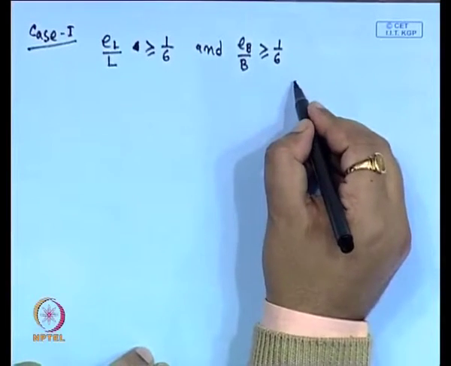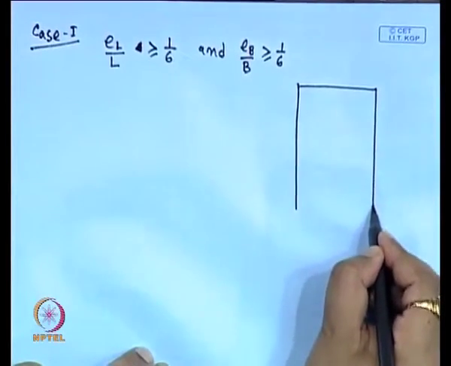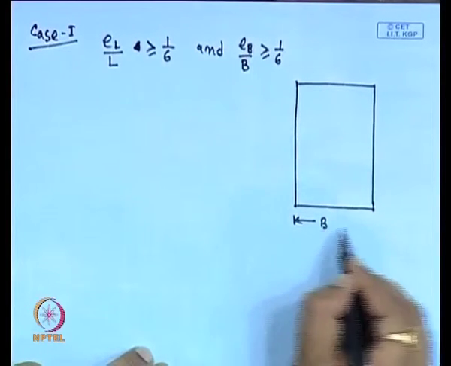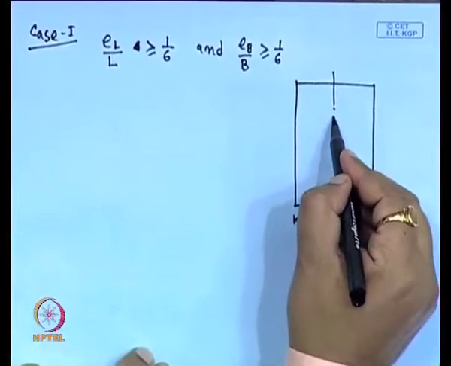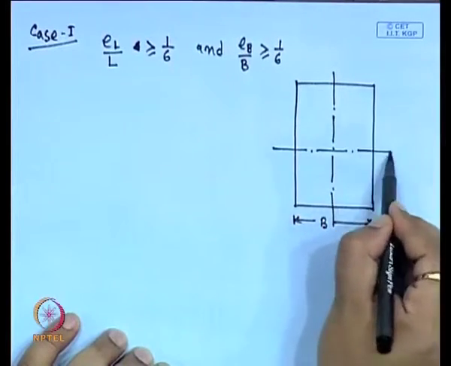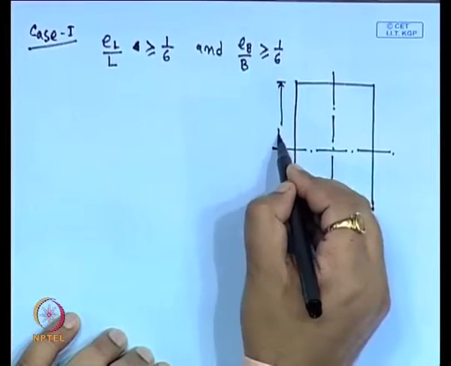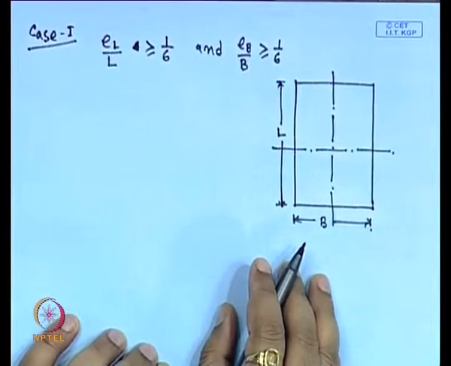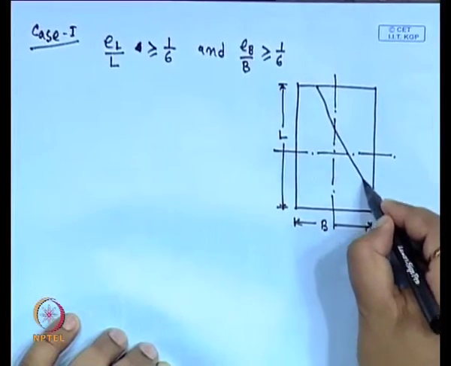So, in that case, suppose this is the foundation, and this is B, and this is L. In that case, we will get this type of effective area.